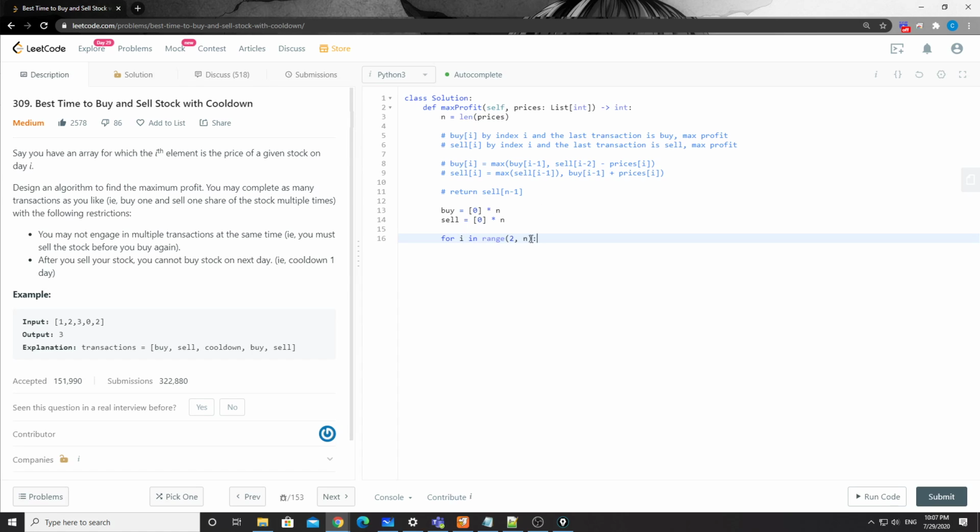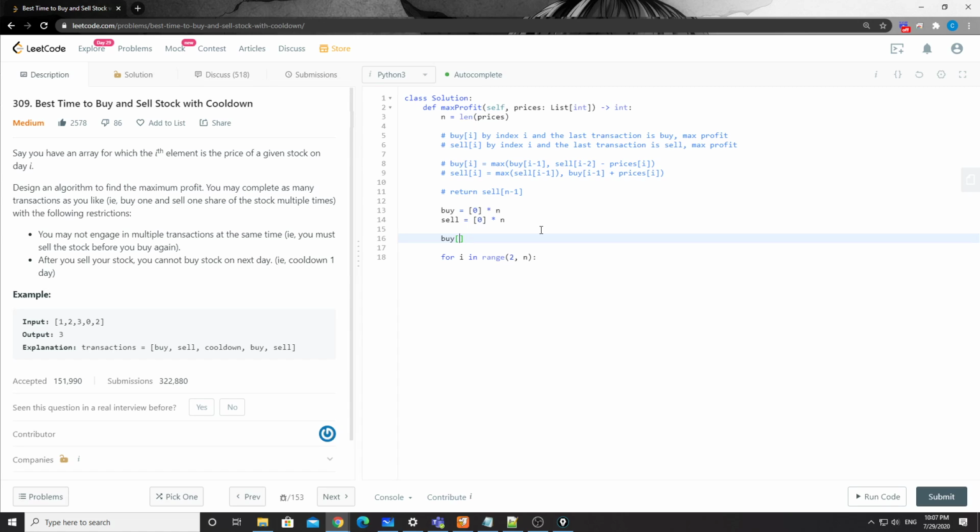Otherwise, if we start from 0 or 1, this i - 2 will be out of the boundaries. Since for i - 1 we can simply start from 1, but since we have this i - 2 here, we need to start at 2. So since we're going to start at 2, we have to basically initialize the 0 and 1 cases.